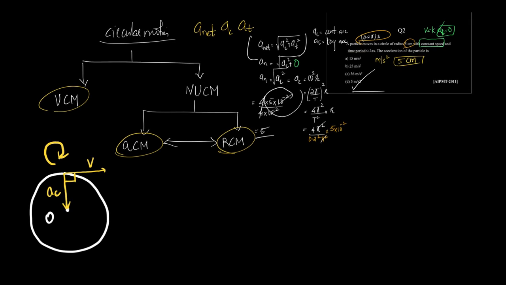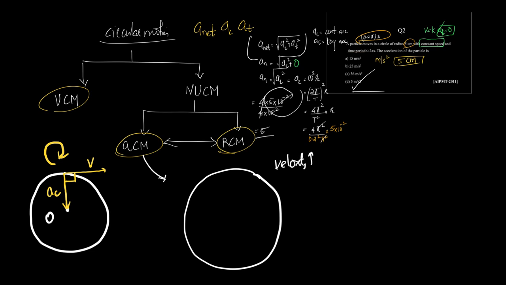Now let us see what happens in the case of accelerated circular motion. When we have accelerated circular motion, velocity increases. So say this is the center and we are considering this point here. This will represent the direction of centripetal acceleration, and this here will represent the direction of velocity.